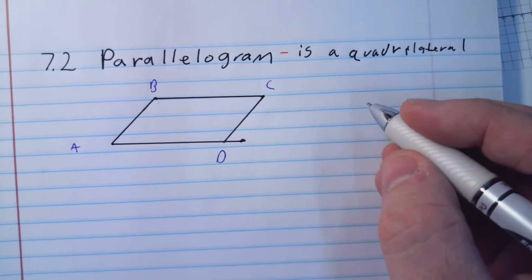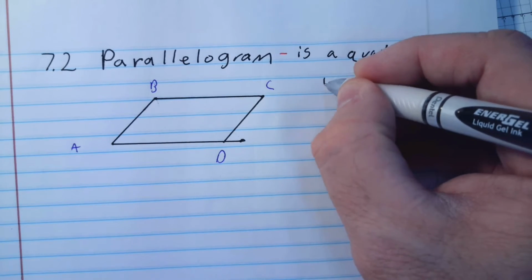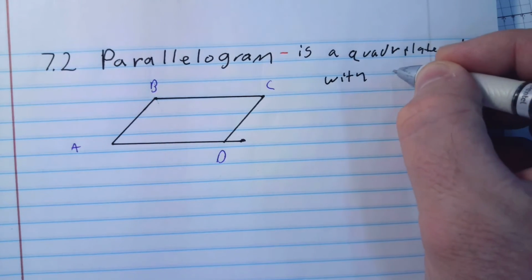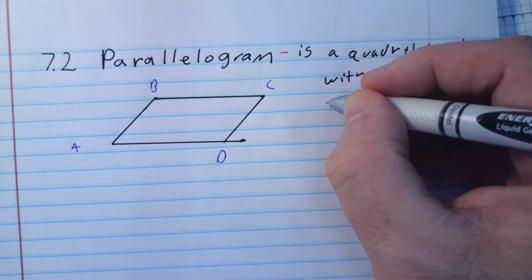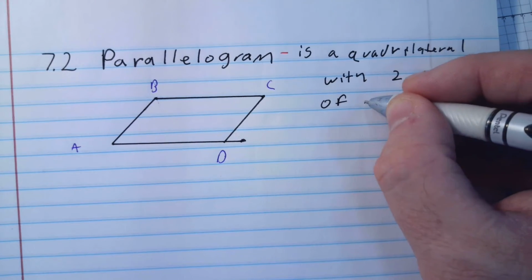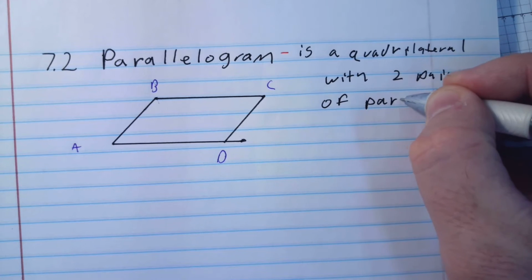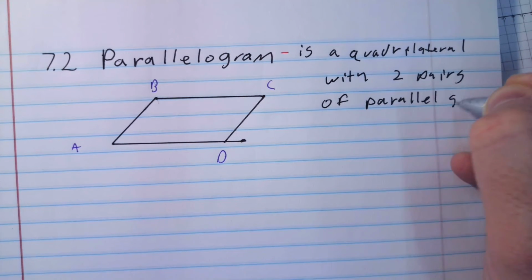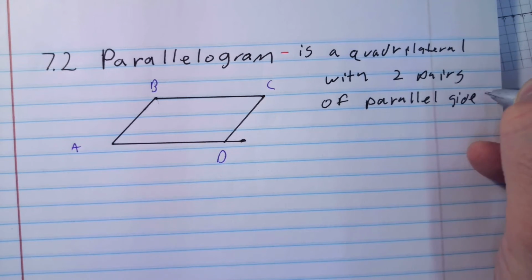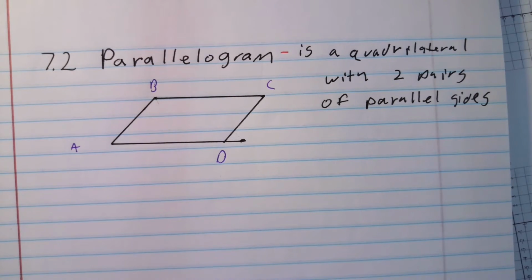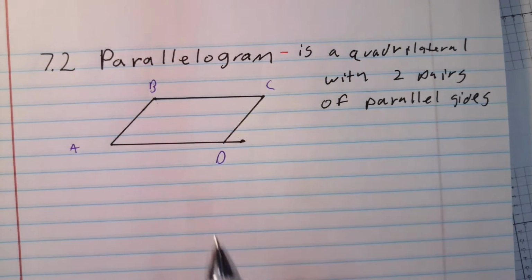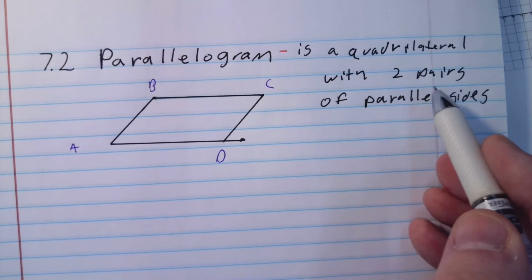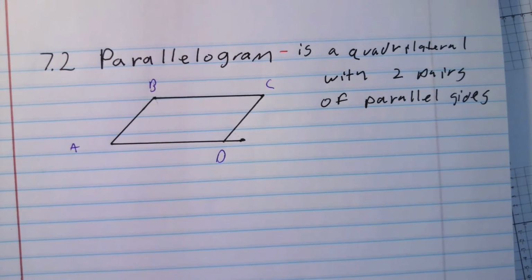It is a quadrilateral with two pairs of parallel sides. And probably it should be two pairs of opposite parallel sides, which I guess it would have to be opposite. But it can't have one pair and work. It has to have two pairs. Okay?